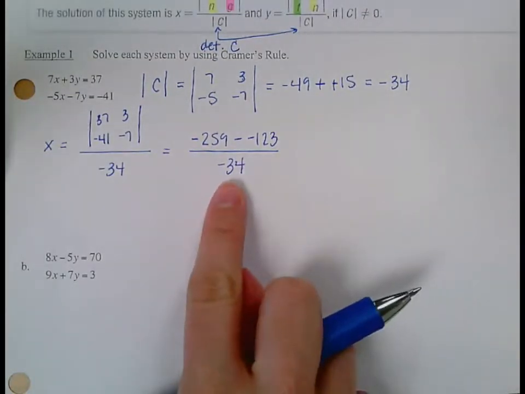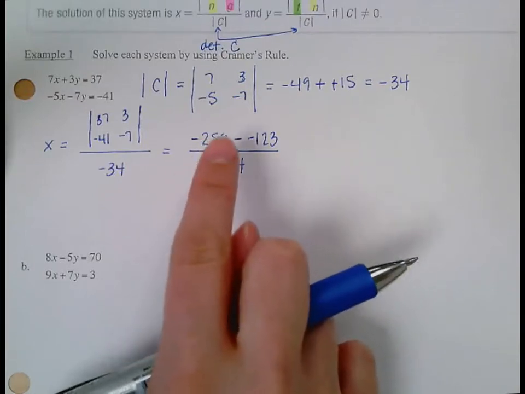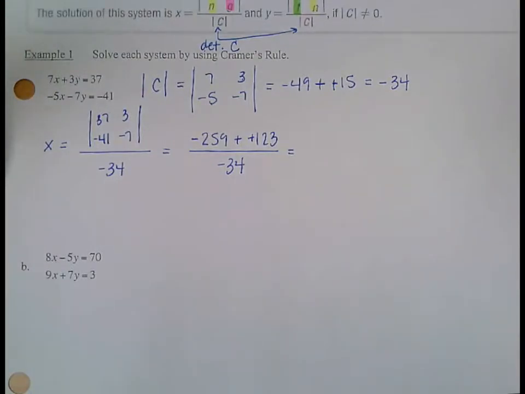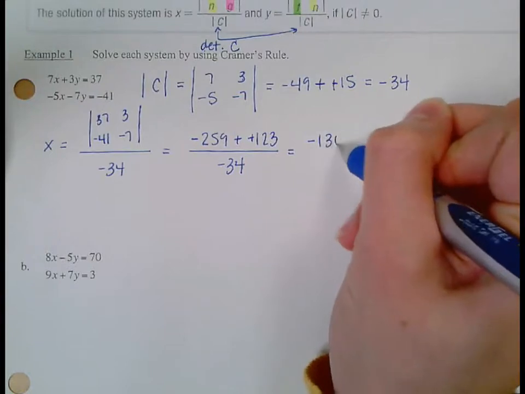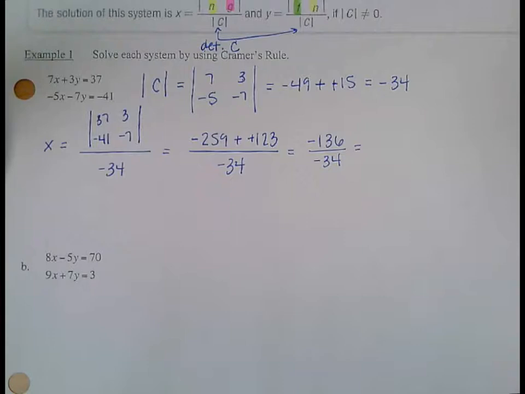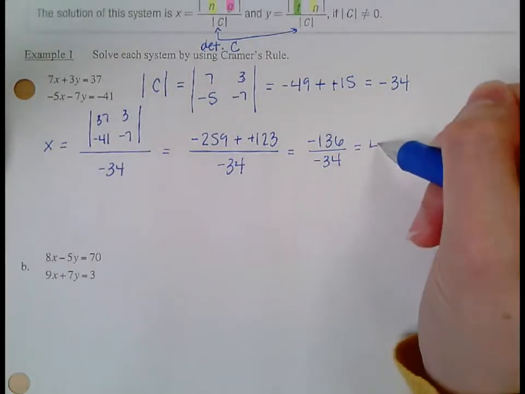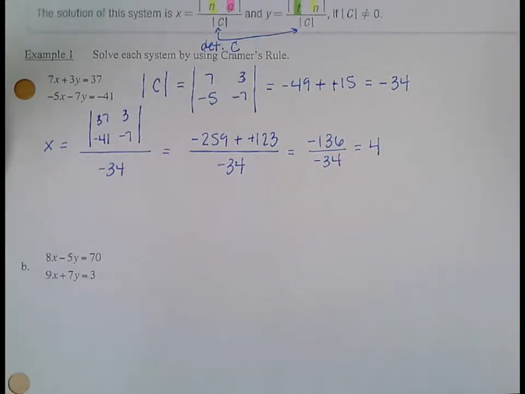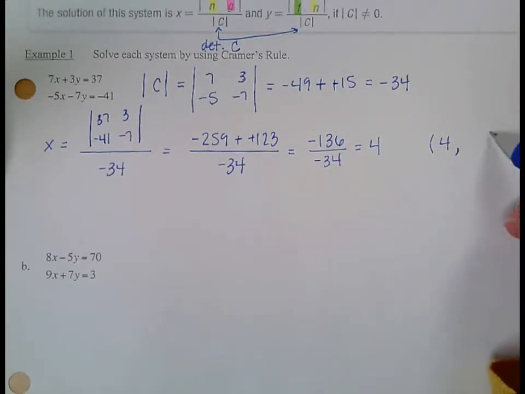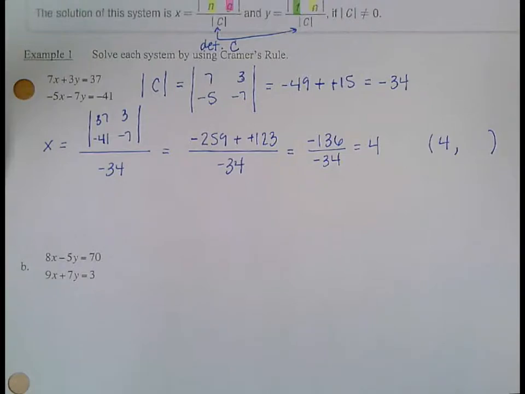I still have negative 34 in the denominator, and then on top I'm really adding a positive 123 because I was subtracting a negative, so I have negative 259 plus 123, so that's negative 136. And dividing that by negative 34, I get positive 4. So my x value is positive 4. And I still want you to write your answers as ordered pairs anytime you solve a system. So I have the x coordinate, I still need the y coordinate.